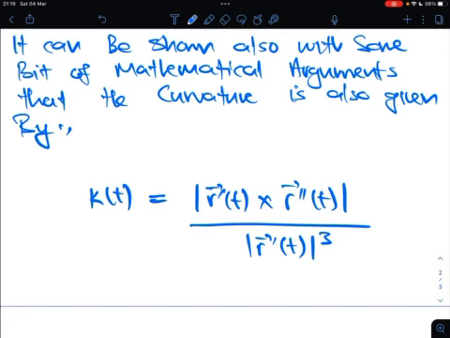So this is actually the best way to evaluate curvature.